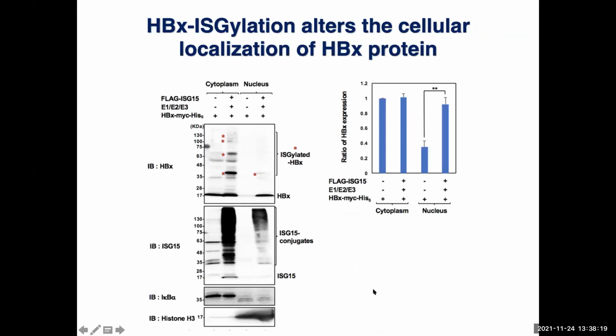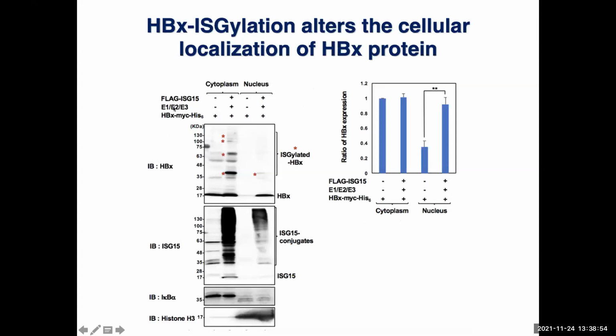And what we found is that HBx ISGylation is important for HBV replication, but the mechanism underlying the ISGylation of HBx for HBV replication still remains unclear. And we examined several important issues. In the beginning, we examined the subcellular localization of HBx protein.